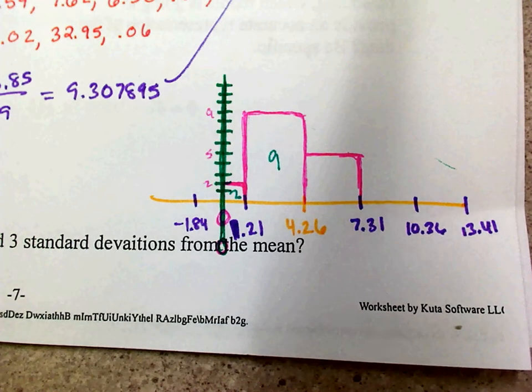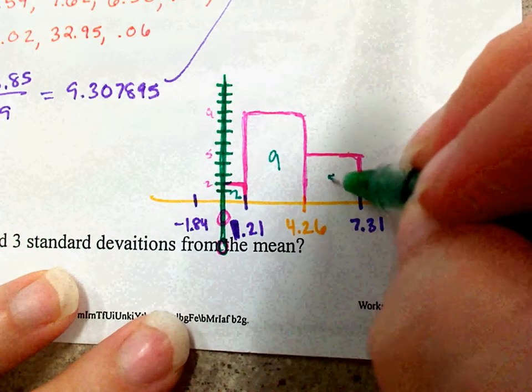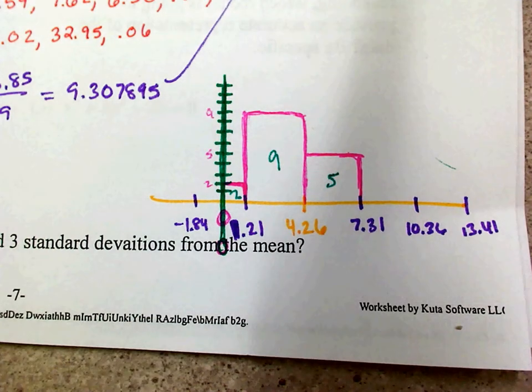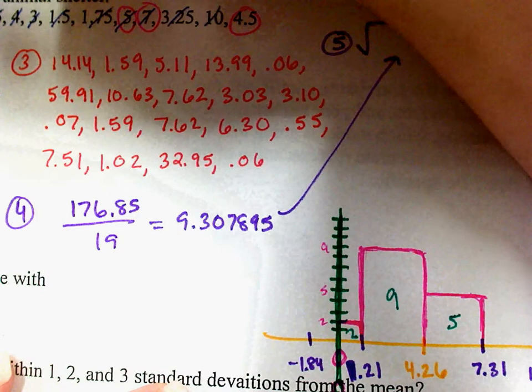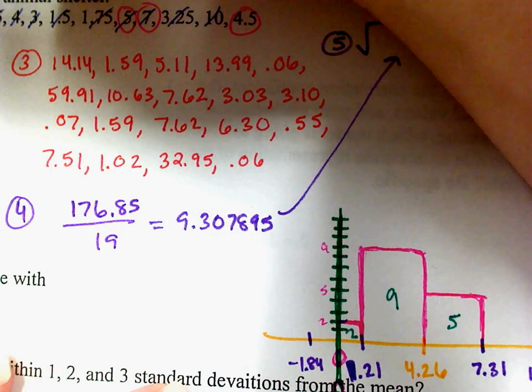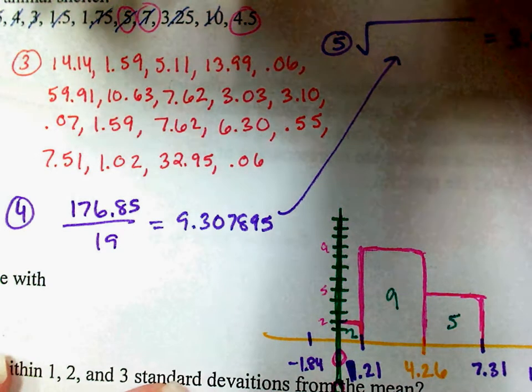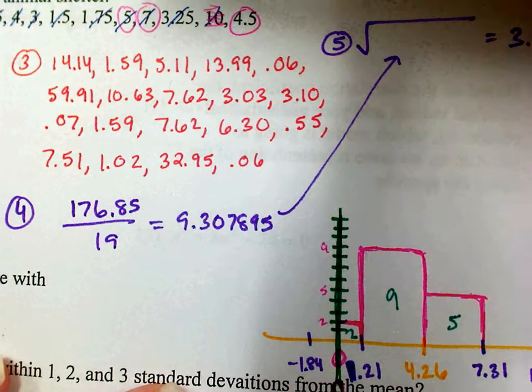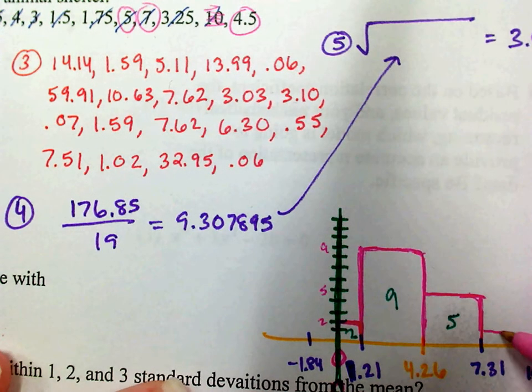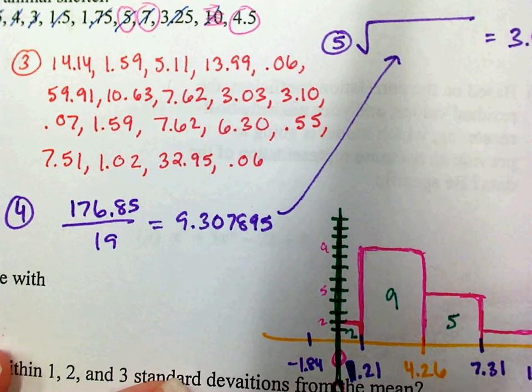Okay, 7.31 and 10.36. So I see 8 and 10. Is it just 8 and 10? So 2. What about 10.36 and 13.41? Just 1? The animal that's 12?